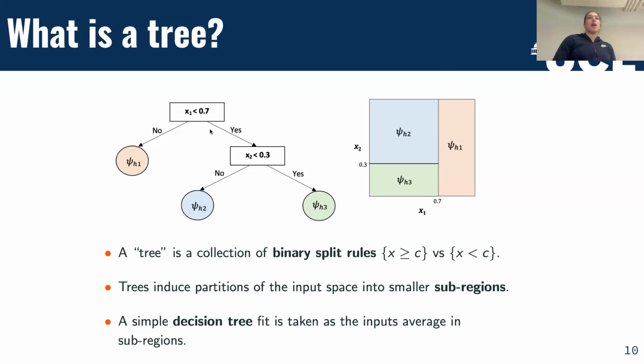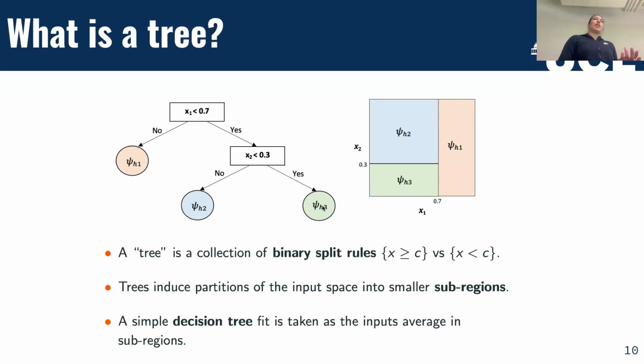If you are greater than 0.7, as we can see, you're going to be in a pinkish, orangish portion of the input space. And a simple decision tree fit is basically the average of the inputs in the subregions that we have.